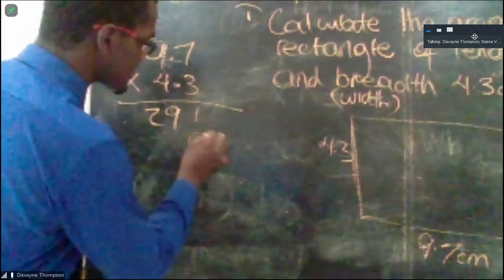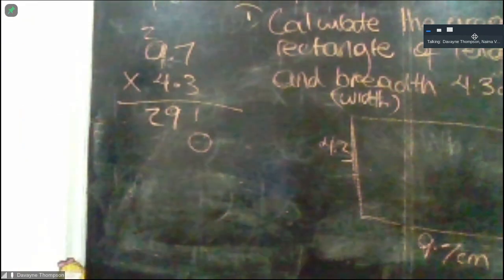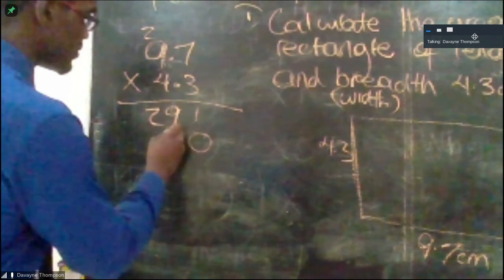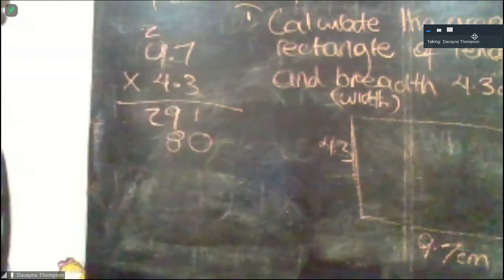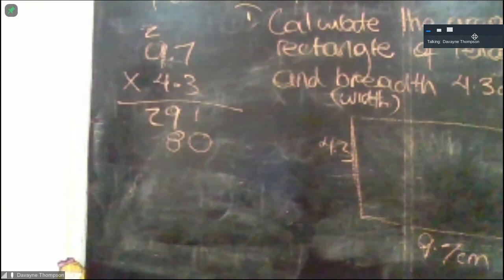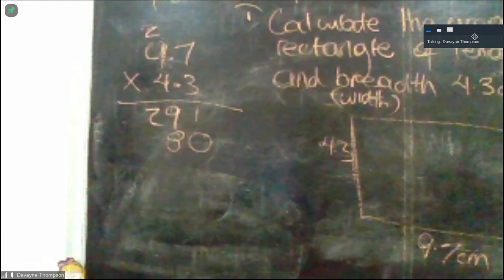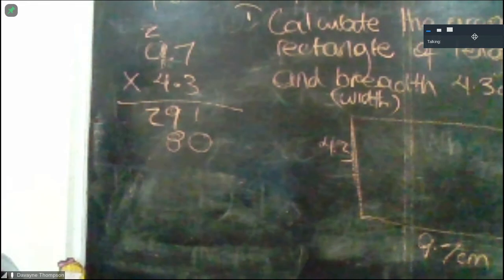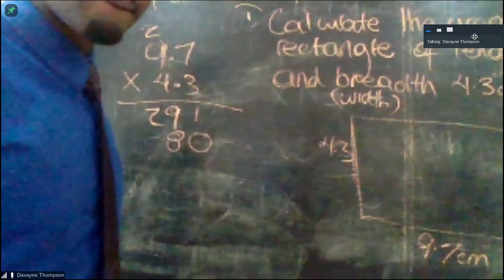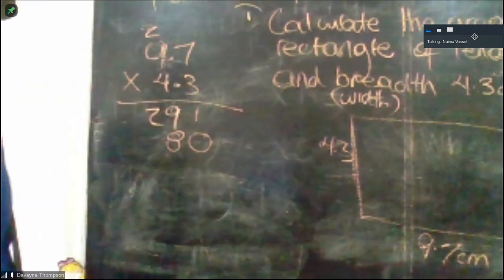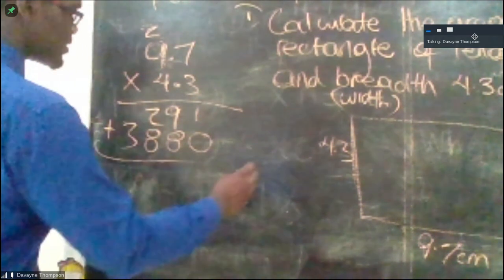Put a placeholder of 0. 7 times 4? 28. Carry the 8. Put the 1, put the 2 over here. Good. 9 times 4? 36. 36 plus 2? 38. Good. Let's add this now.